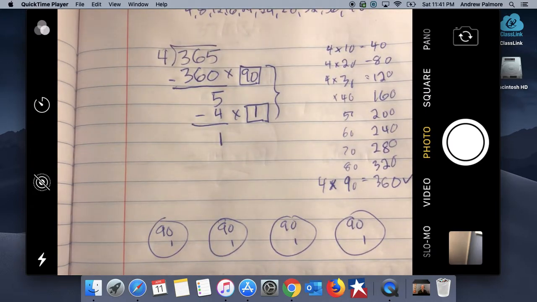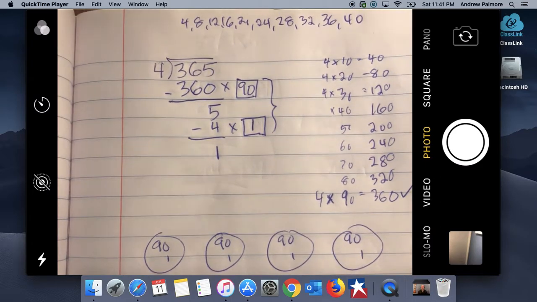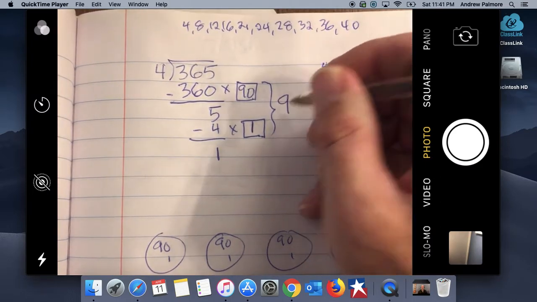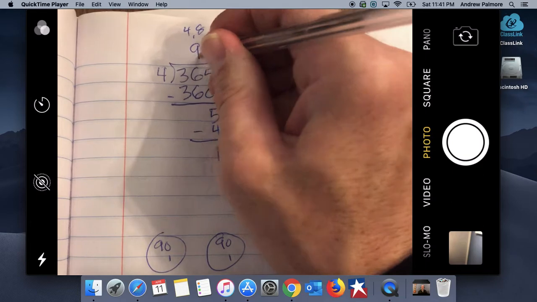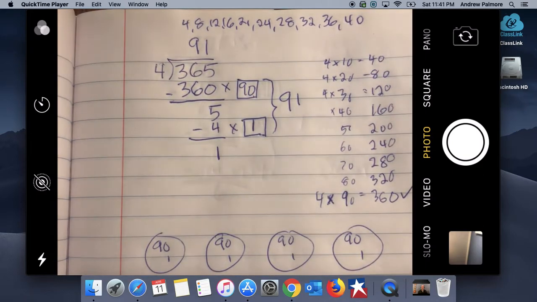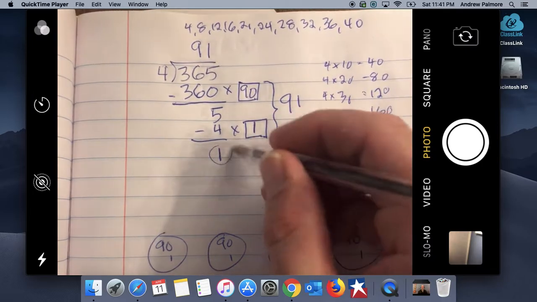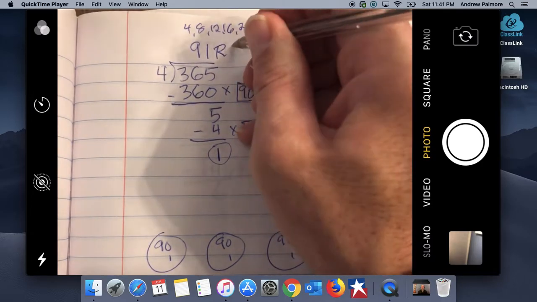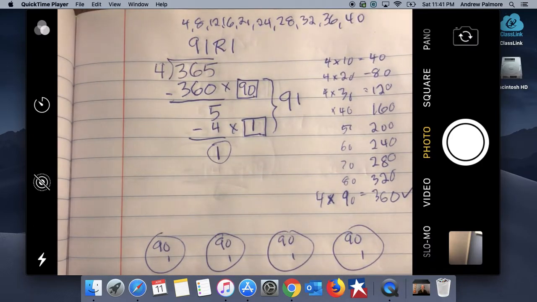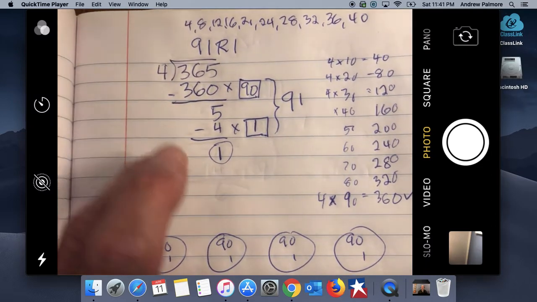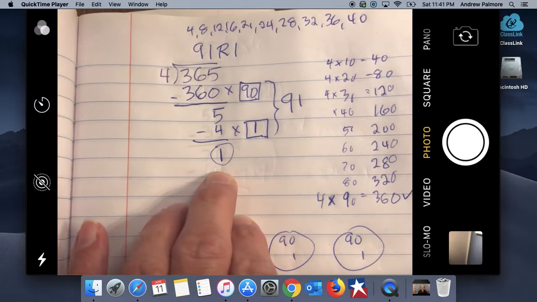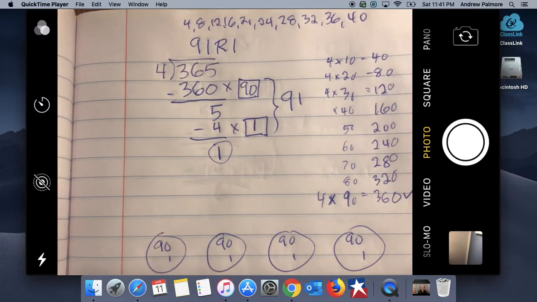We add up our partial quotients. 91, right? So 365 divided into 4 groups is 91 per group, but then you have this 1 left over, remainder 1, because our divisor is greater than what we have left over here. So we can't divide 1 up into 4 pieces.